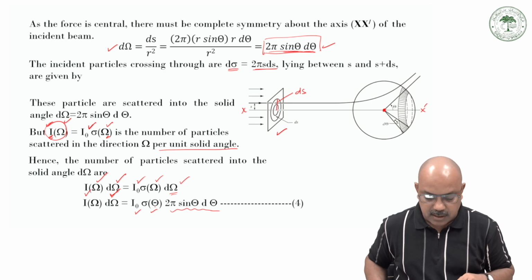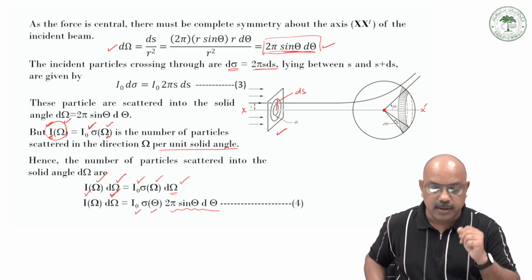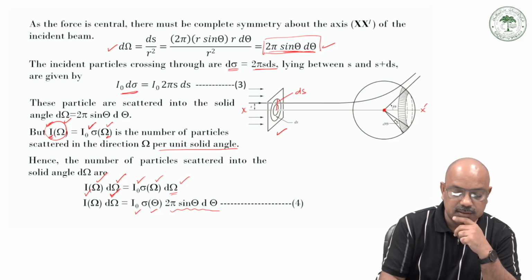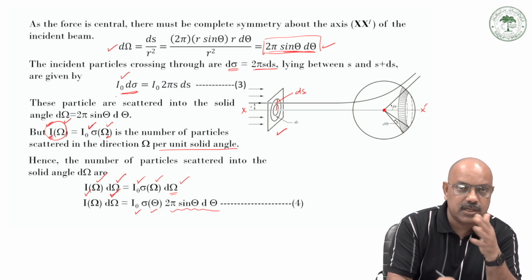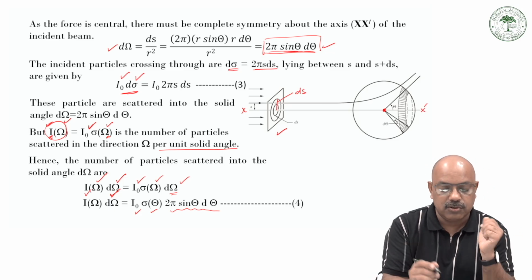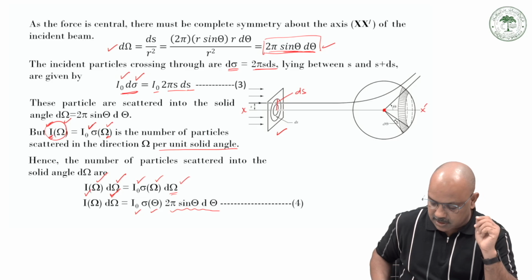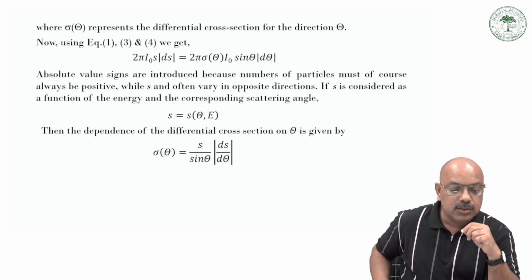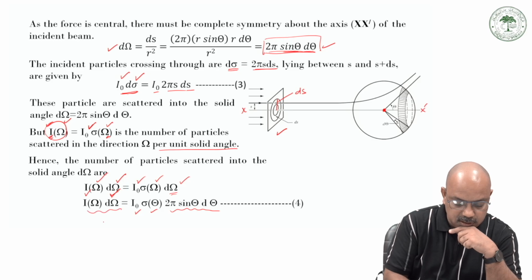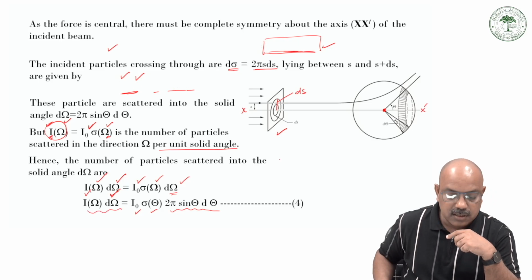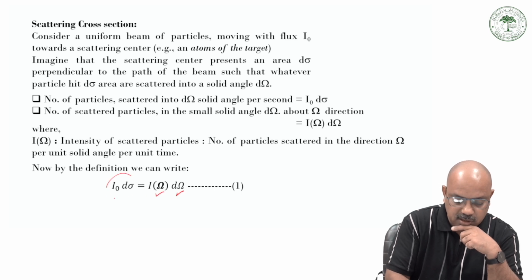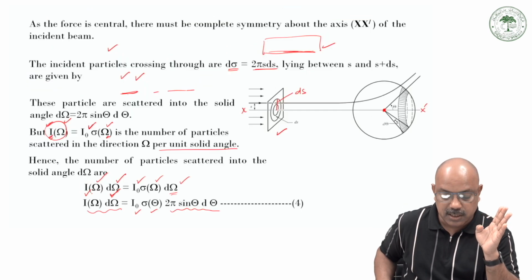So now here I have written this one thing, that it's the same. I naught is the incident intensity, and these are the particles which are crossing through, so this is going to be I naught twice pi s ds. This is nothing new. So now with this, I omega d omega is I naught d sigma, if you remember this.